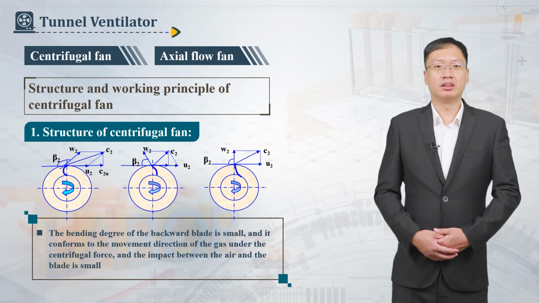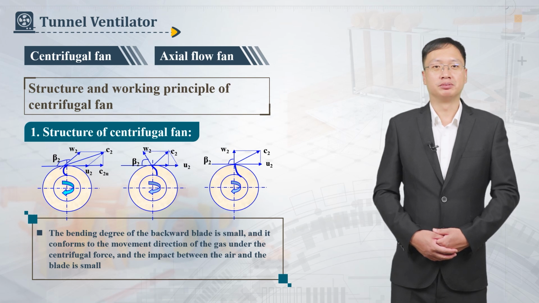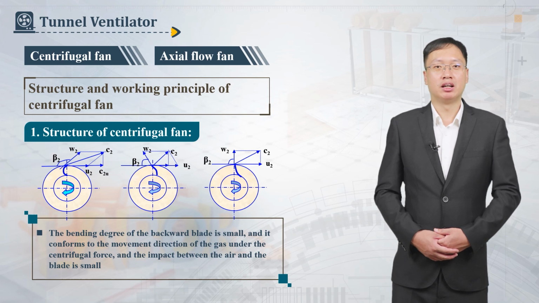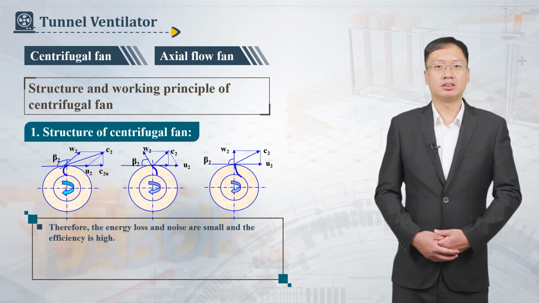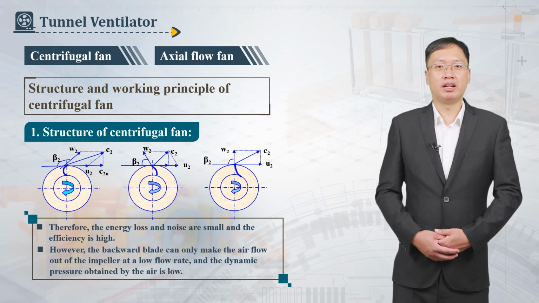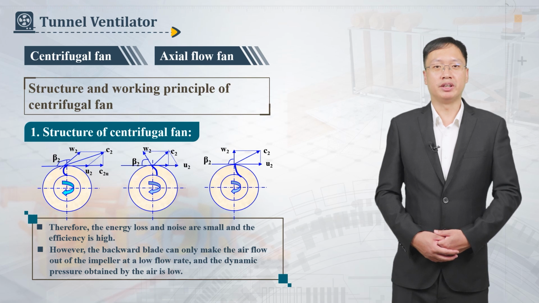The bending degree of backward blade is small, and it conforms to the movement direction of the gas under the centrifugal force, and the impact between the air and the blade is small. Therefore, the energy loss and noise are small and the efficiency is high. However, the backward blade can only make the air flow out of the impeller at a low flow rate, and the dynamic pressure obtained by the air is low.